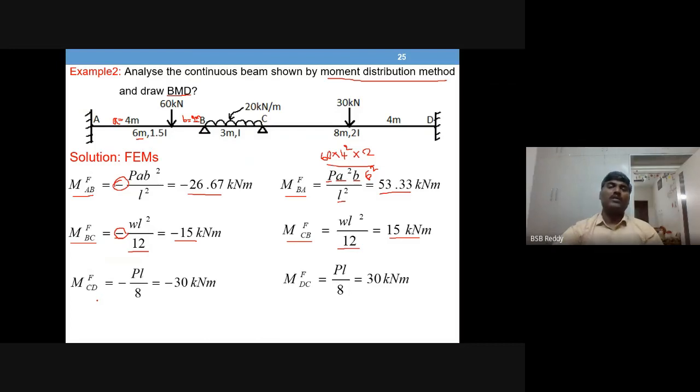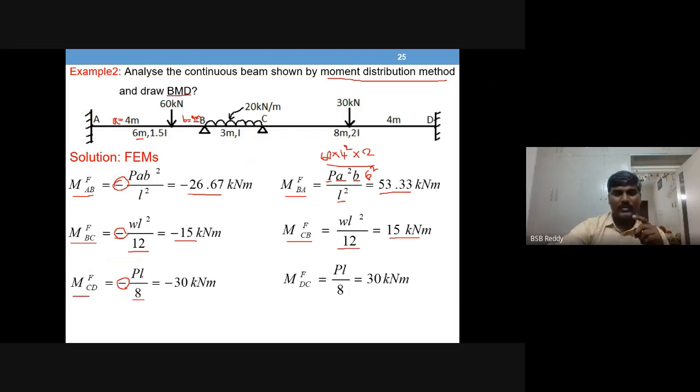Now, if you take portion CD of the continuous beam and treat it as a fixed beam with central point load, the fixed end moment at C is equal to, again, minus PL by 8 because of the load position.